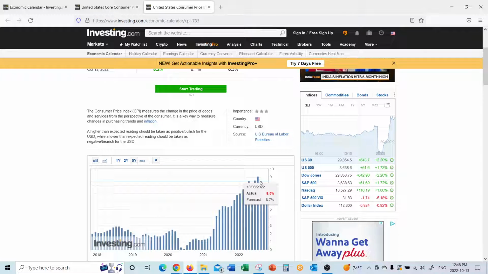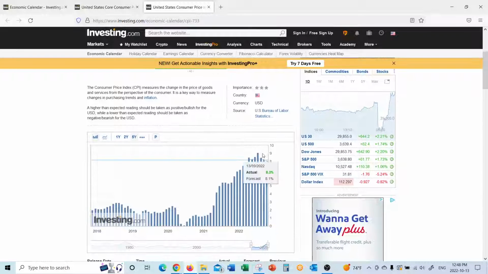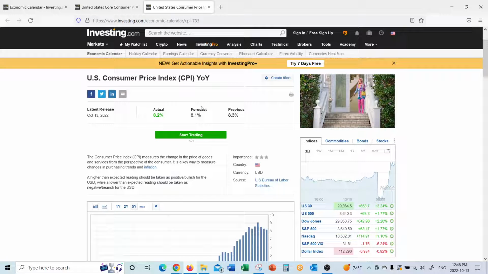We see a trend that this year inflation has peaked from 9.1% down to about 8.2. Now 8.2 is higher than the expected, but below last month's 8.3. So you could argue for the last 3 months we've been seeing inflation come down in terms of the headline number. Why? Because of oil prices, right?